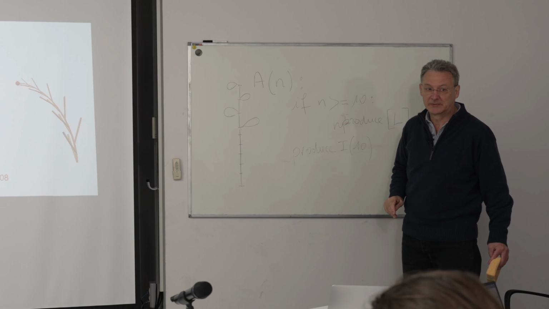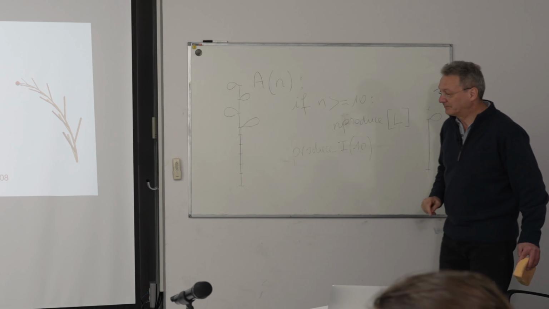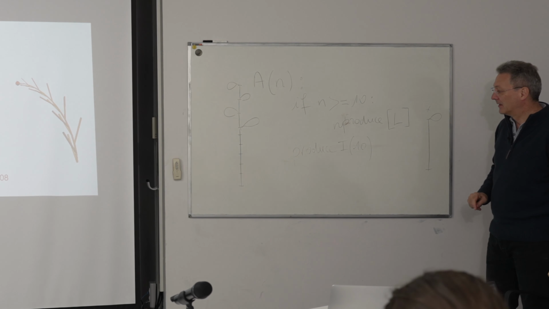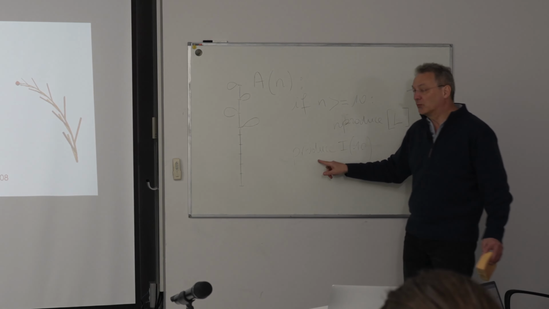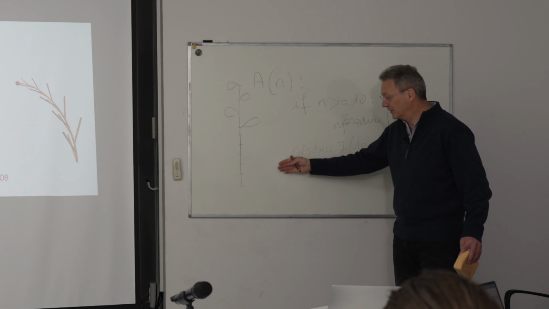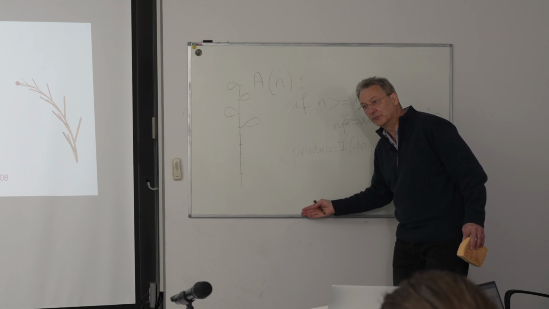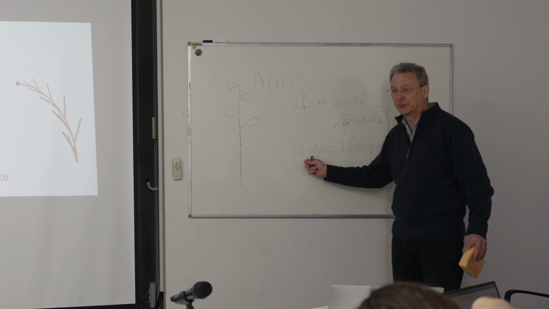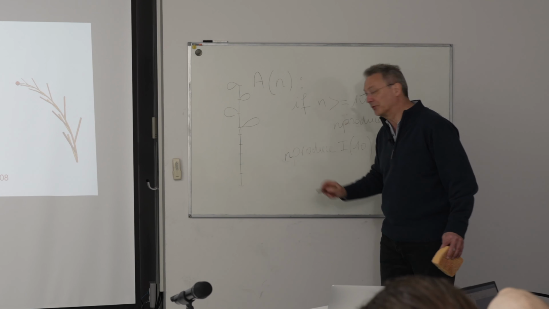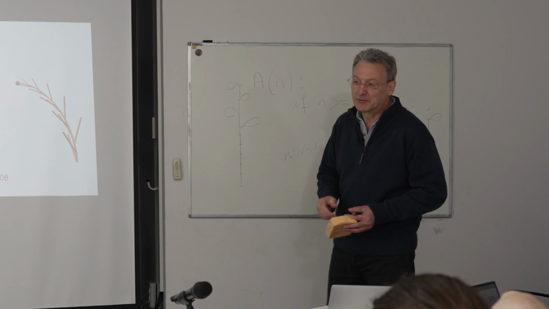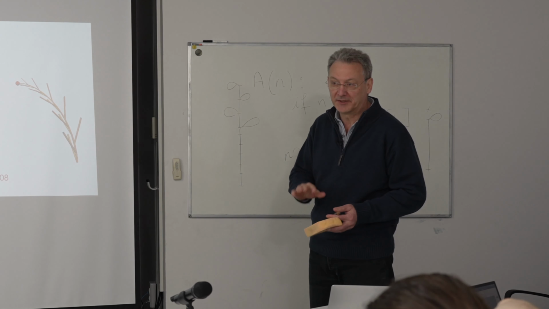Is that clear? But why would the produce L be a return statement and not the produce I? Yes, because when you get to this point, you want to return. You have nothing to do after that. So I can put the produce here, but if you put end produce, it won't change. So you could just put end produce everywhere, and this will work perfectly.